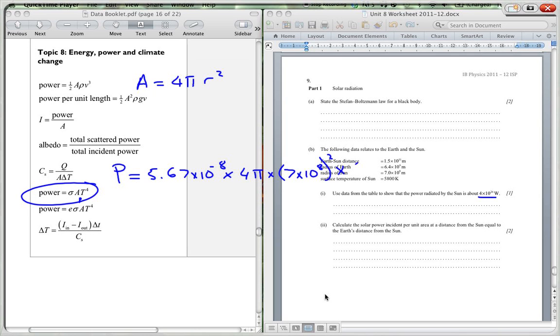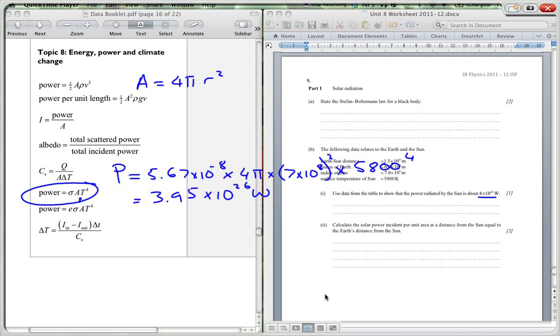So it's times 5,800 to the power of 4. And we put that into our calculators, and we get about 3.95 times 10 to the 26 watts. So that is approximately 4 times 10 to the 26.